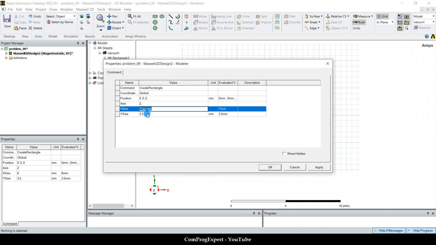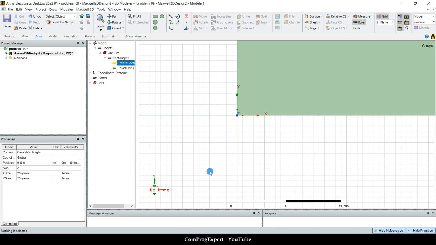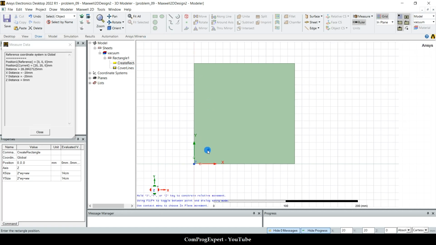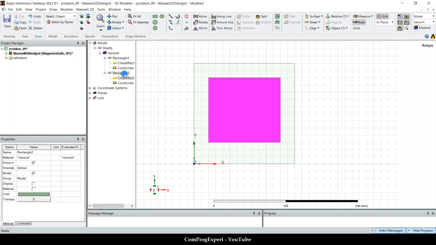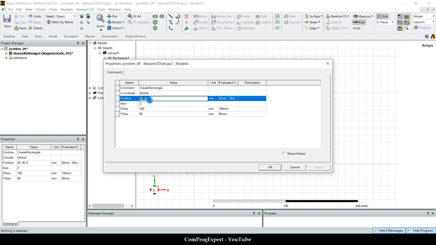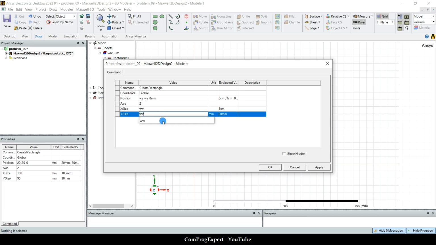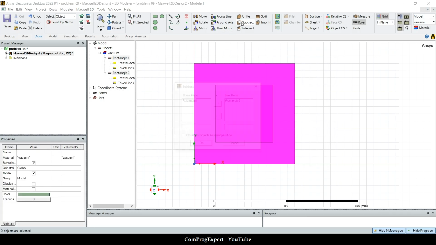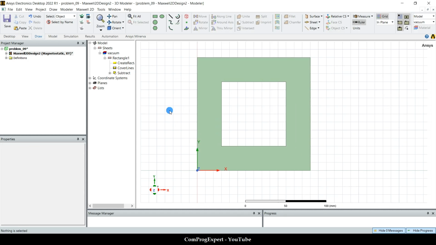The Y size is the same. Okay. This rectangle, let's subtract this one. This is width of the yoke, width of the yoke and 0, width of the window, width of the window. You can realize these parameters that we are using.